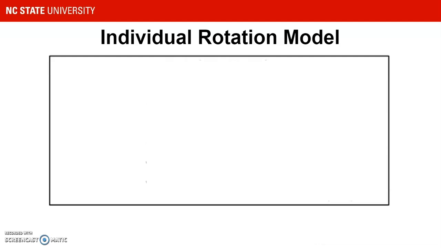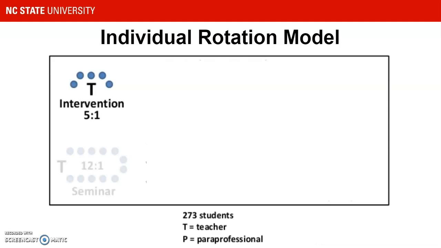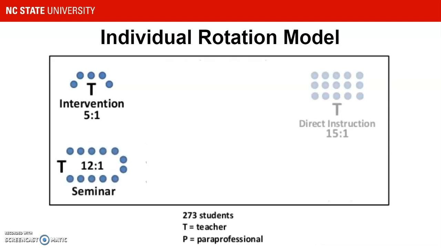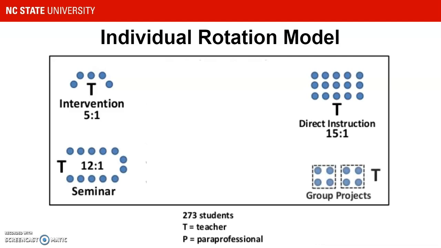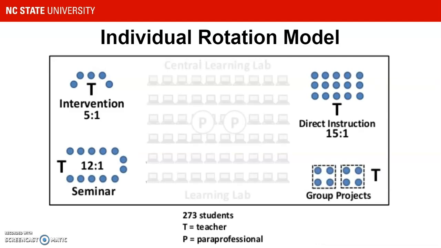Teachers are there and available to clarify or to expand on the information learned online and provide student support. Some different stations might be intervention, seminar, direct instruction, group projects.